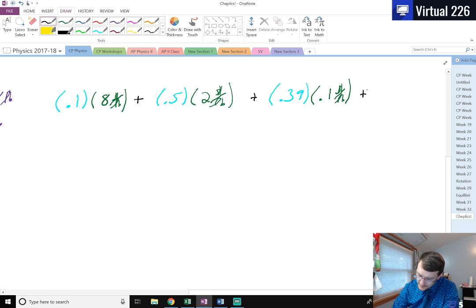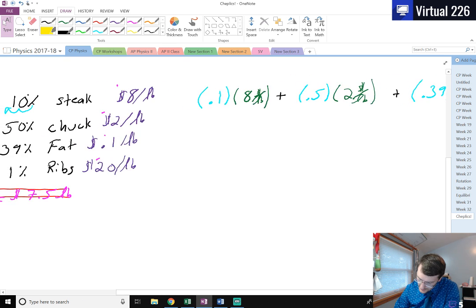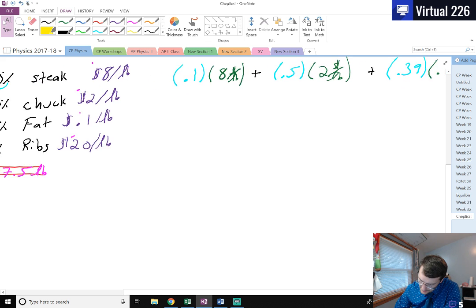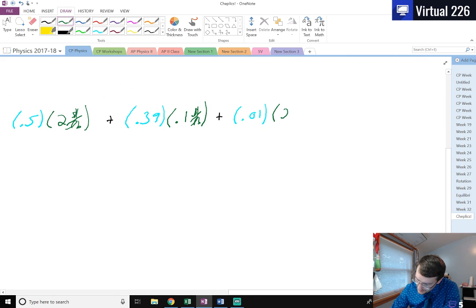And last but not least, my favorite, only 1% we're saying of the cow is ribs. Now, I don't know if that value is right, but let's just go with it. So 0.01 of the cow is ribs, and we have ribs marked at a value of $20 a pound.